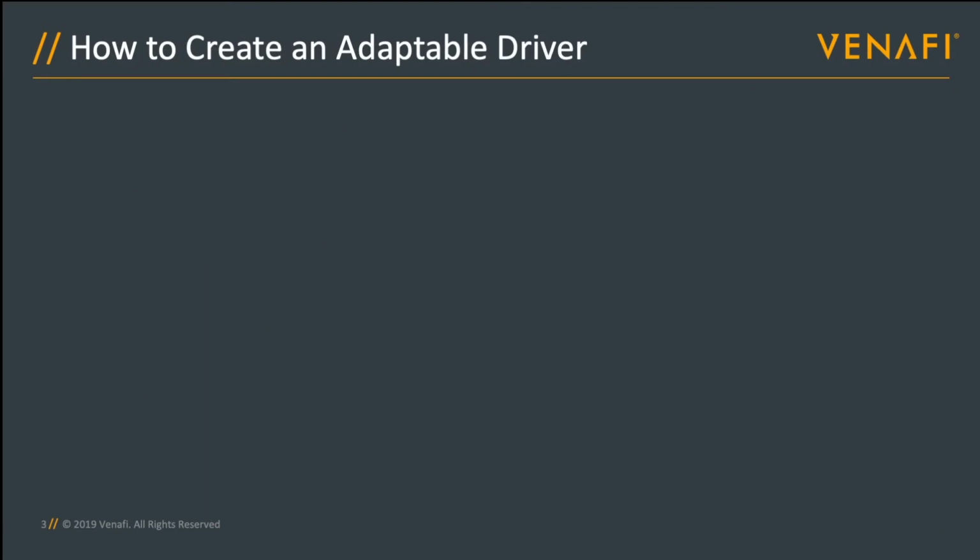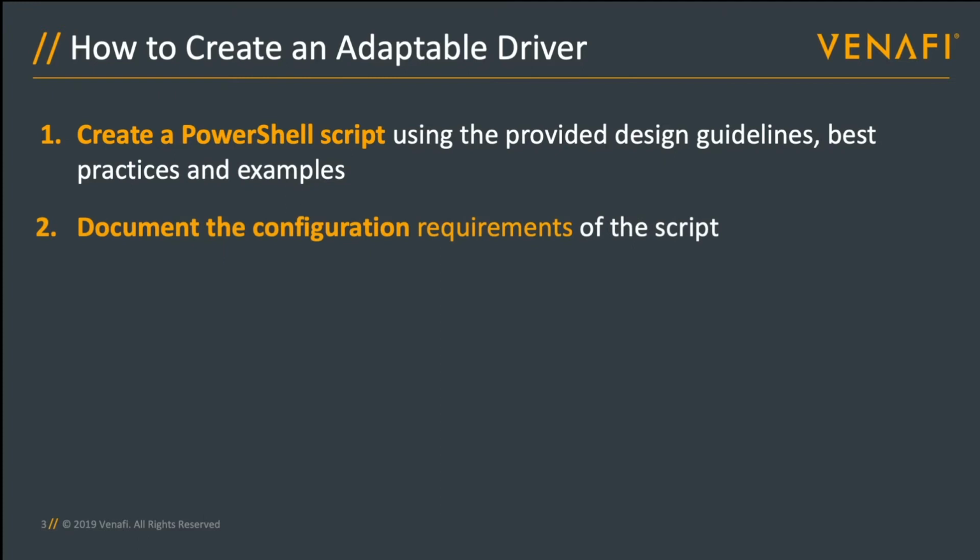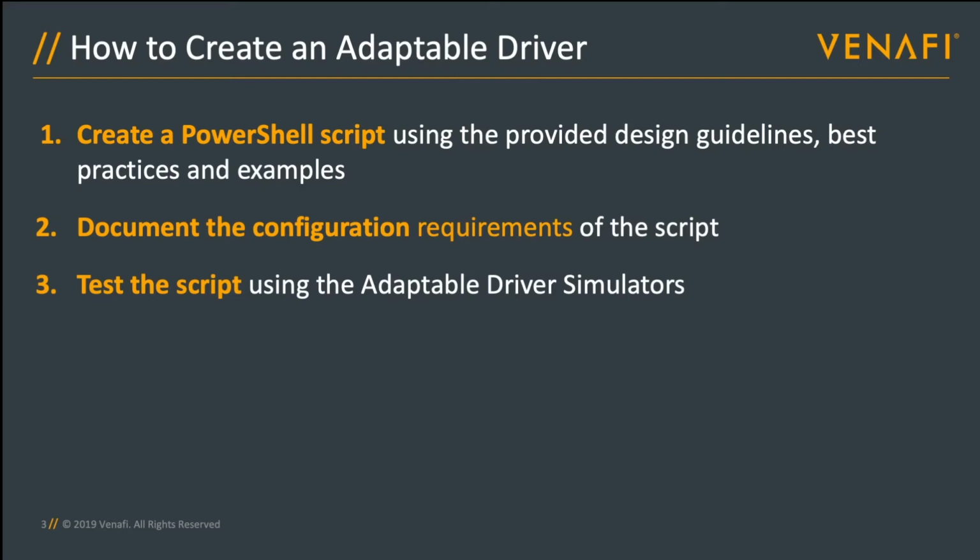At a high level, this is the general process that will be followed when creating a new integration using the Adaptable framework. The first step is creating a PowerShell script using the provided design guidelines, best practices, examples, and development tools. Next, you'll document the configuration requirements of the script that you develop. You'll then want to test that script before even installing the platform using our Adaptable framework simulators, which are provided in the development kit.